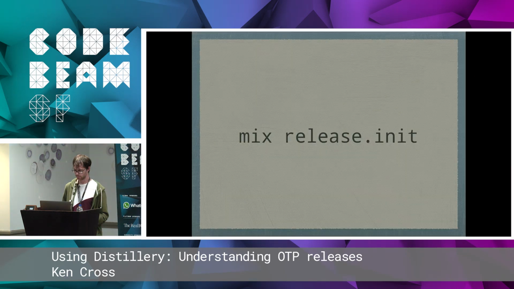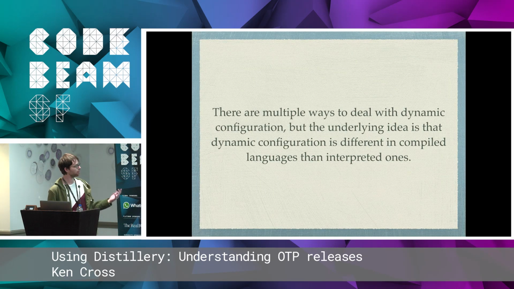The next thing I wanted to talk about is dynamic configuration. So how do we deal with dynamic configuration, and what does it do for you? When Distillery 2 launched, they put in something new called configuration providers.